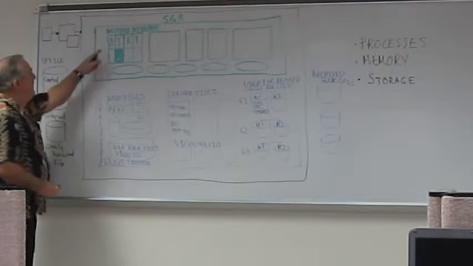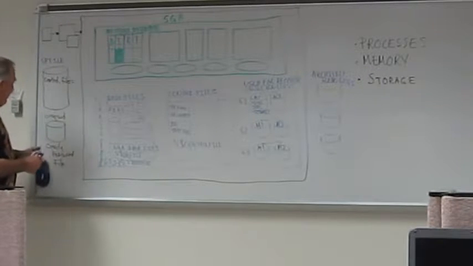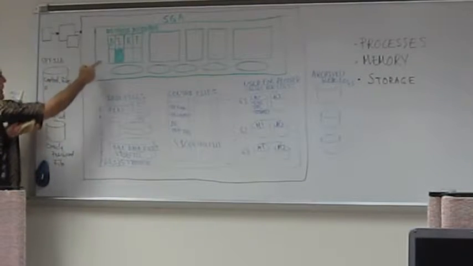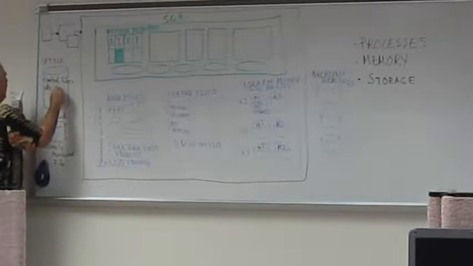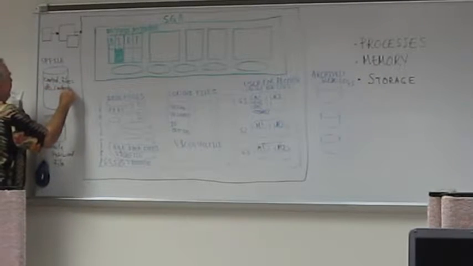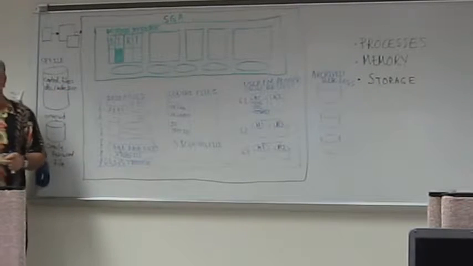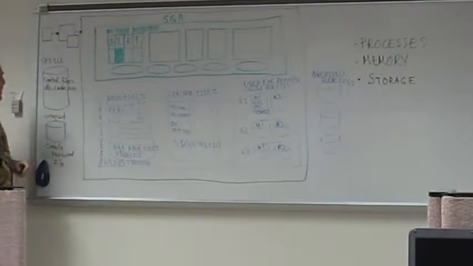All right, so we can have those four major types of blocks in our database buffer pool, and I have to point out a couple of parameters here in the SP file. One parameter that pertains to this database buffer pool is called db_cache_size, and you'll learn later how to set that, and that determines the size of the database buffer cache.